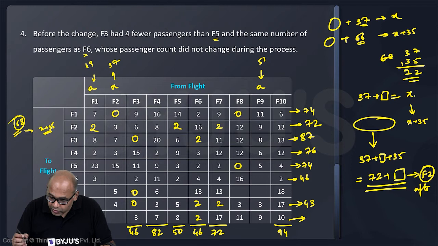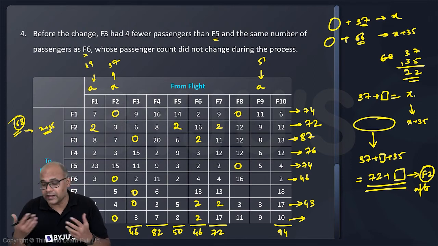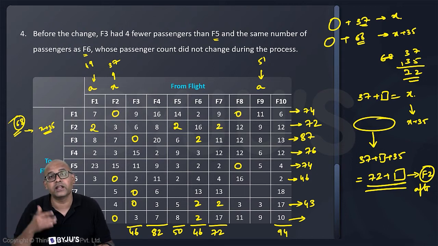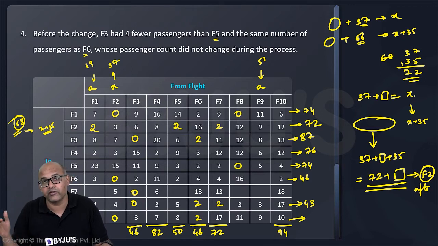Which also means that my F2, which is 37, everything else should be zeros. Because if I increase 37, I'm crossing 72. I can't cross 72 horizontally because my maximum horizontal is 68 plus 4, 72. So my vertical 37 cannot exceed, because 37 plus 35 is exactly giving me 72.